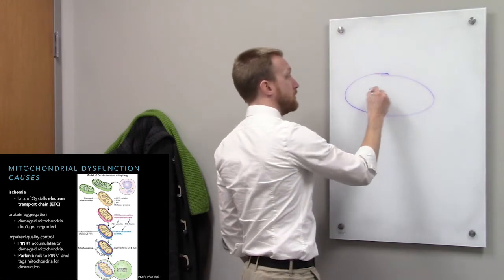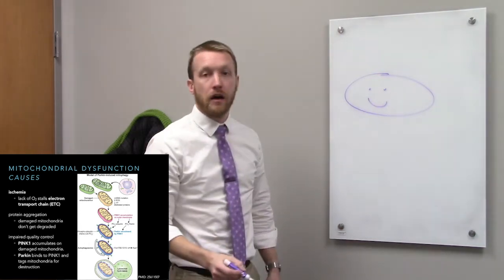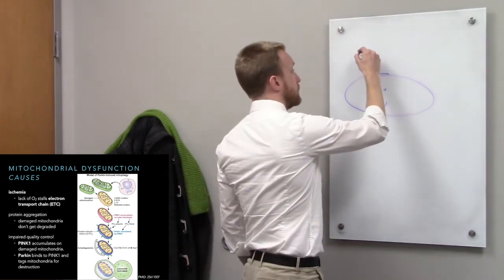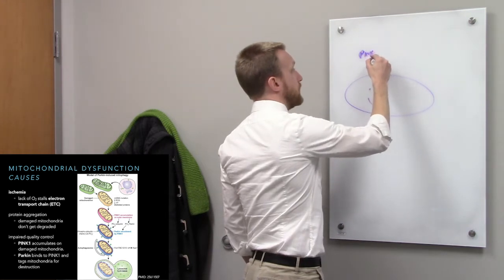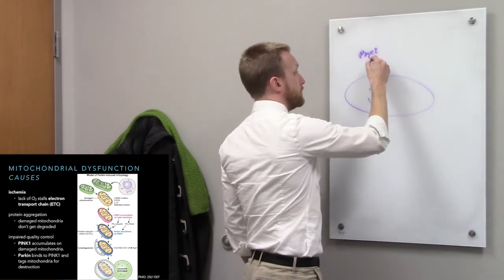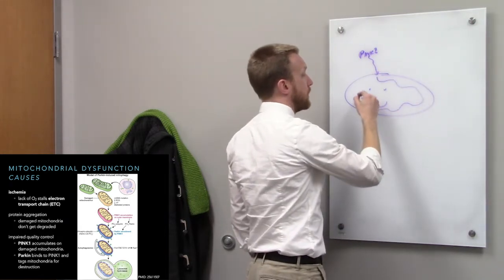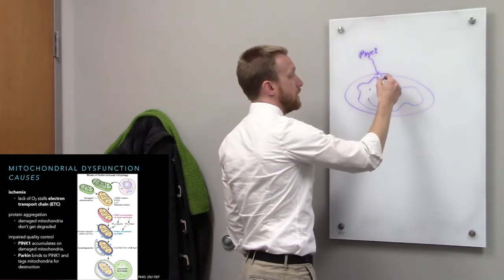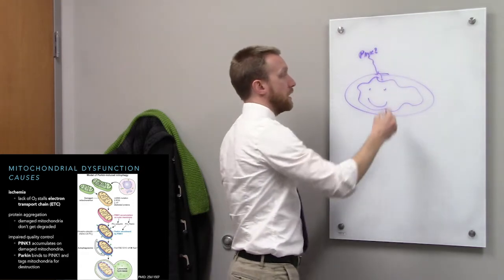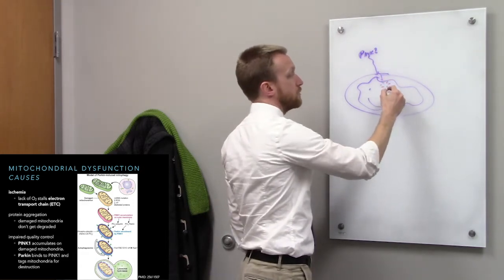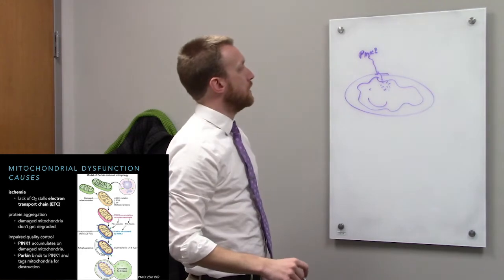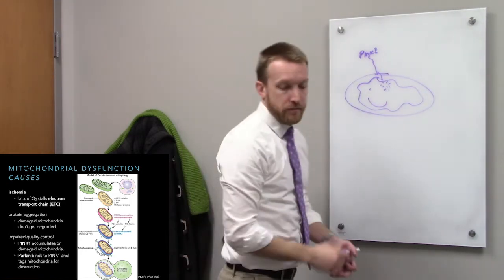PINK1 is going to be the protein that tags mitochondria as being damaged. Now in normal, healthy mitochondria, PINK1 is going to bind to the outer membrane there, get taken in, and degraded, pretty much. That's when it's healthy.